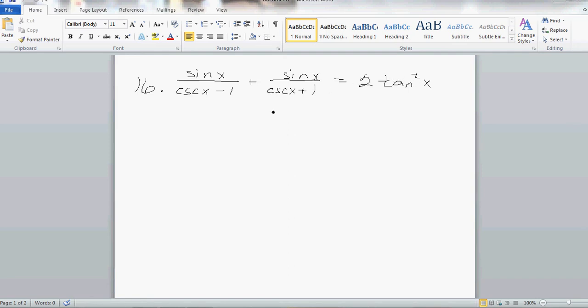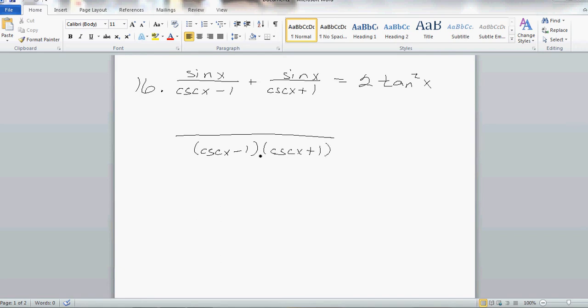Okay, first thing I'm going to do is realize this is the more complex side, so this is where I'm going to start. And I look, okay, cosecant x minus 1, cosecant x plus 1. They're very similar, but realizing that if I get a common denominator, I'm going to get a difference of squares. So I'm going to find the common denominator, and that common denominator will be cosecant x minus 1 times the quantity cosecant x plus 1.